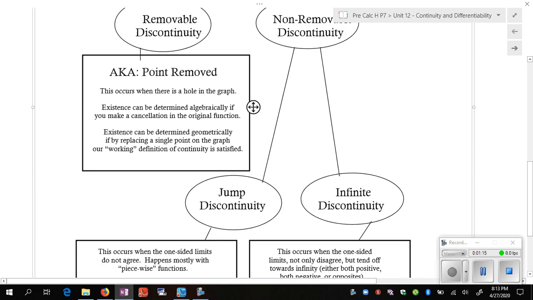So in other words, if the limit as x approaches c of the function came out to be, we'll do numbers here, 4, that would imply that f of c is equal to anything other than 4. That would be a removable discontinuity. It could have been 5, it could have been 6, it could have been negative, it could have been non-existent. And I'll show you a picture of what that looks like.